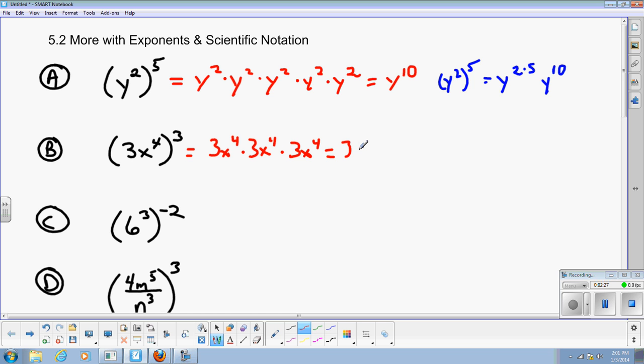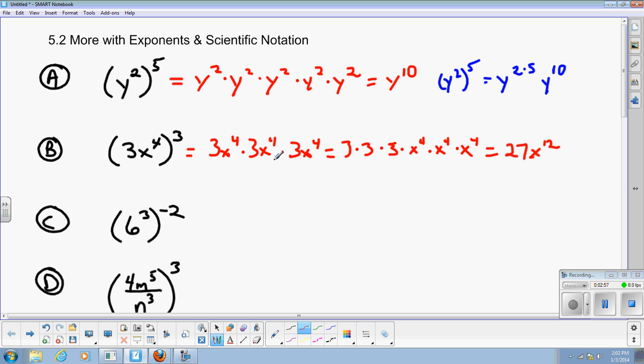So it would be 3 times 3 times 3 times x to the fourth times x to the fourth times x to the fourth. Then for my final answer, 3 times 3 times 3 is 27. For x to the fourth, if I add those, 4 plus 4 is 8, plus 4 is 12. x to the 12th power.